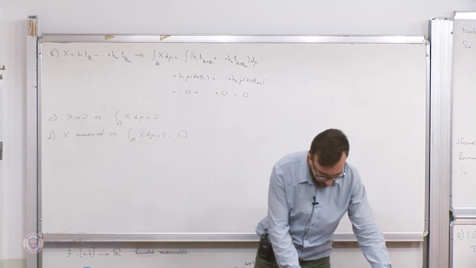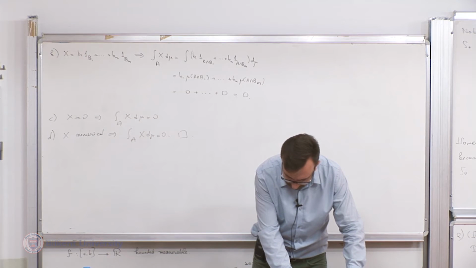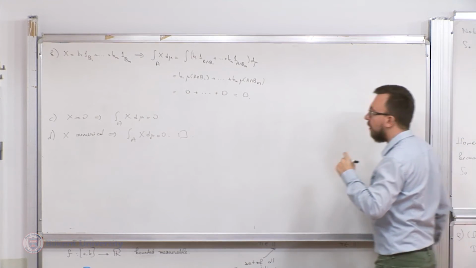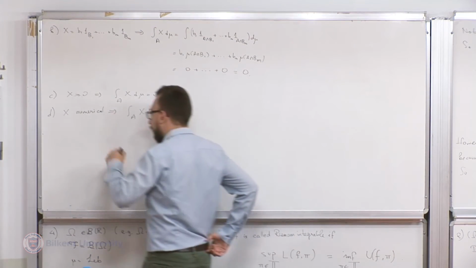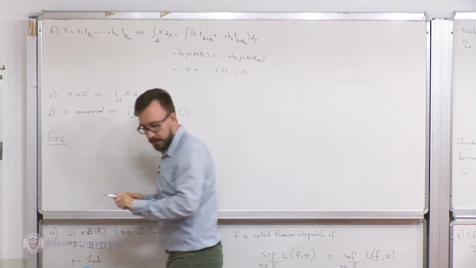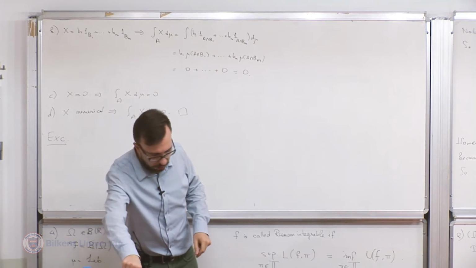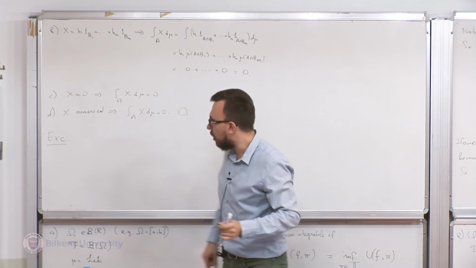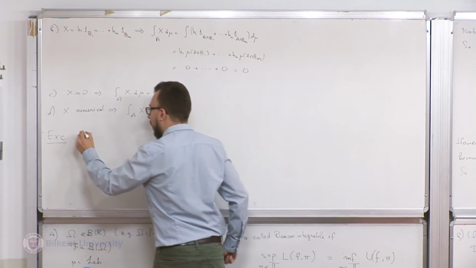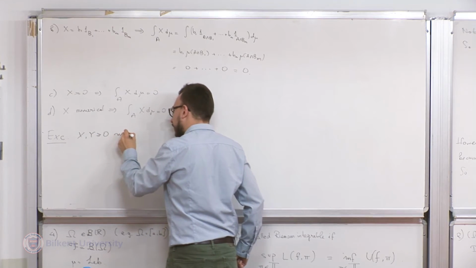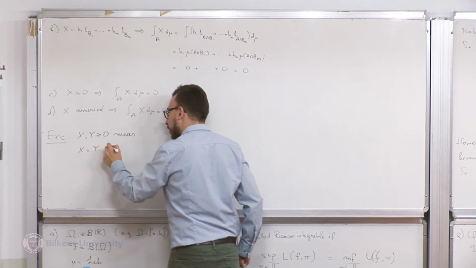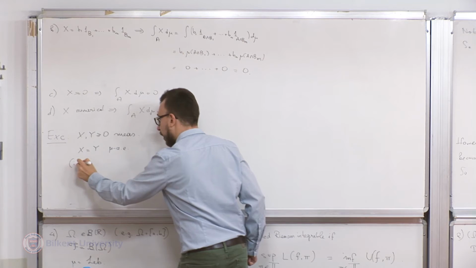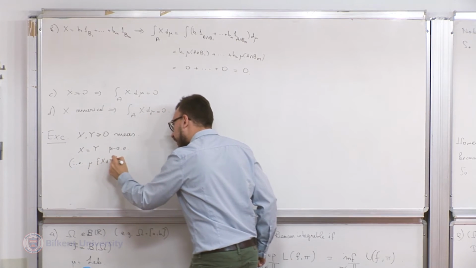Using this, you can prove many other nice results, which I'm going to write down as facts or exercises. So if you have x and y that are positive measurable, and x equals y, μ almost everywhere. What does that mean, μ almost everywhere? The set on which they are not equal is null.